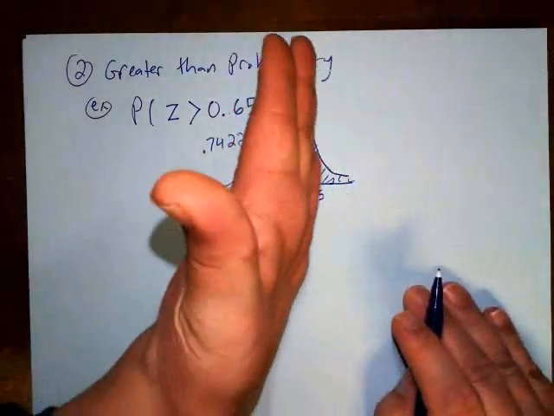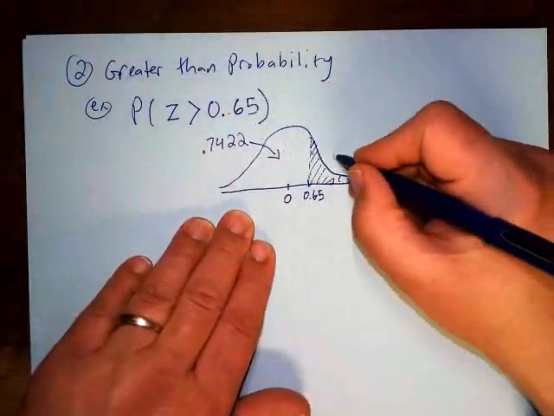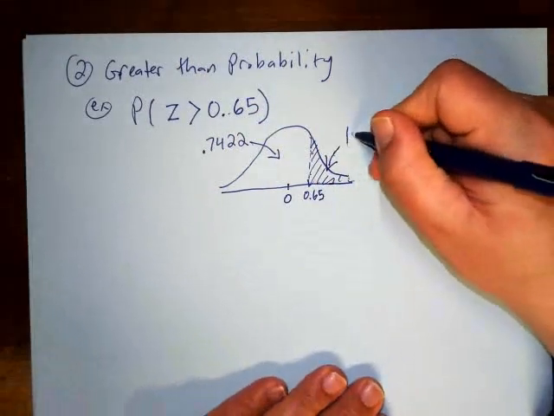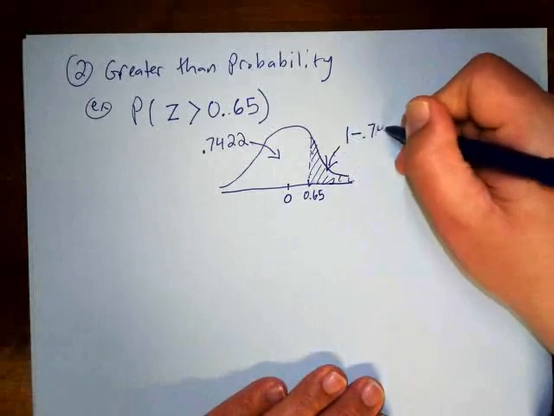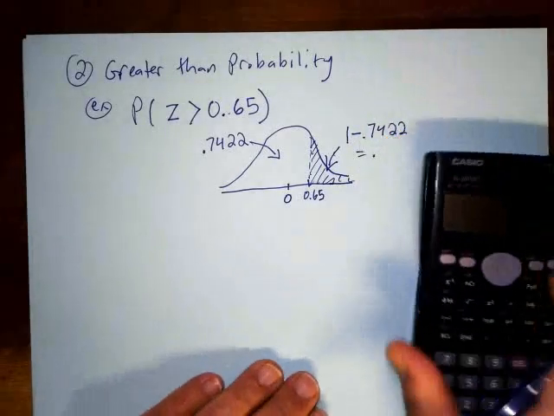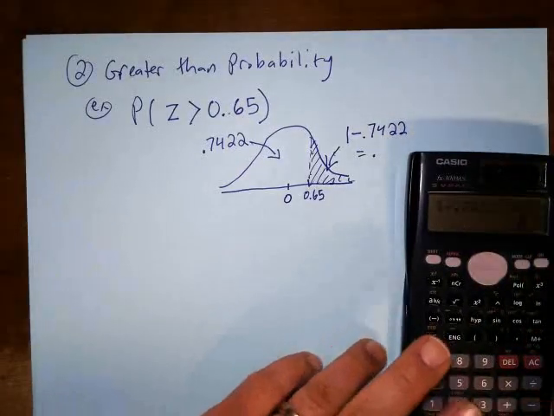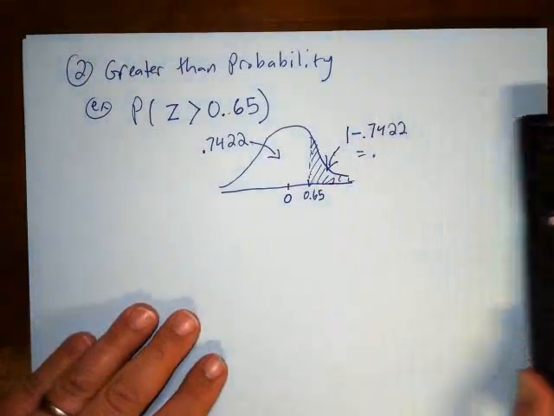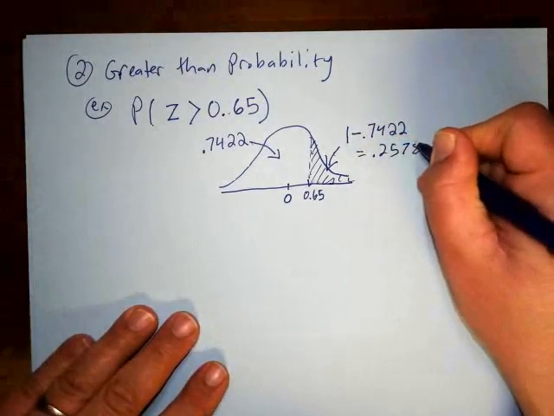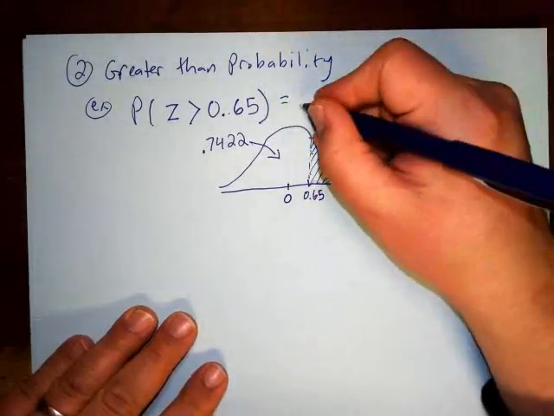So that's all that area. Not what I want, but with that I can get the area above by just subtracting from 1. So I take 1 minus 0.7422, and I get 0.2578. And that is my desired probability.